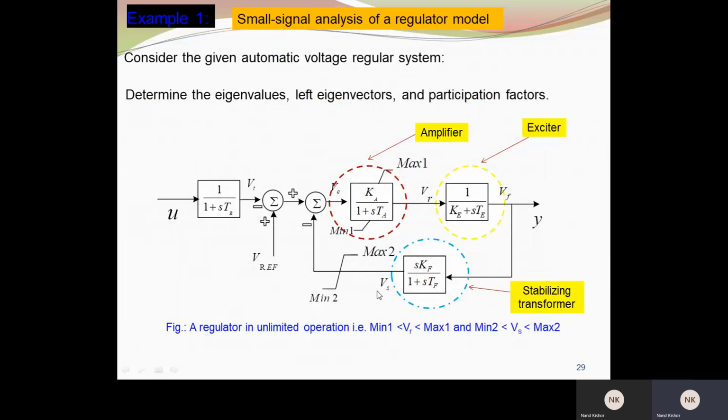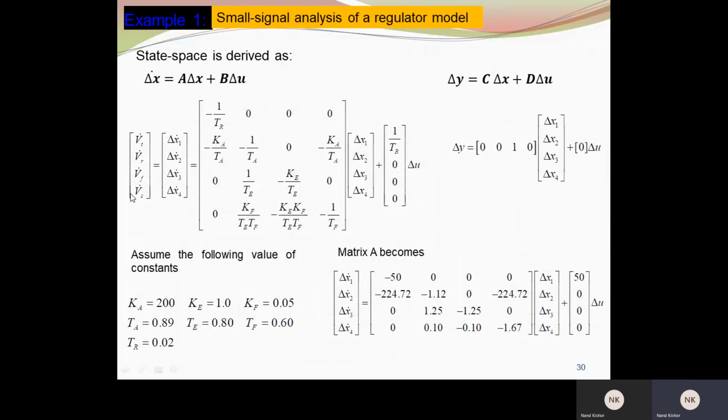So altogether we have four state variables, represented by, let's say, delta x1, x2, x3, and x4. These are all derivative terms of the state variables of the voltage signal.